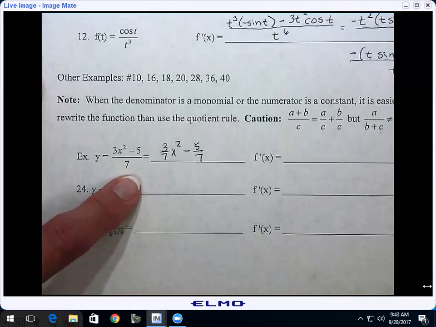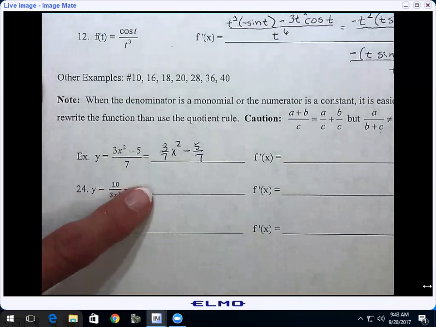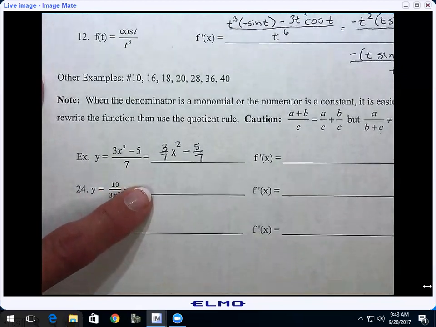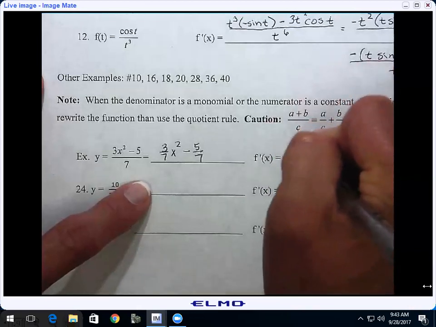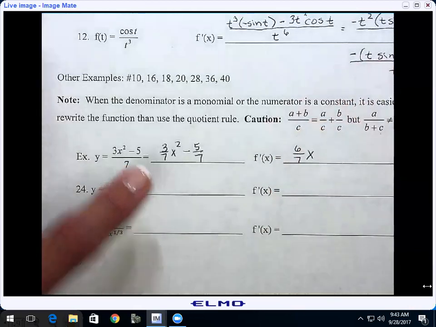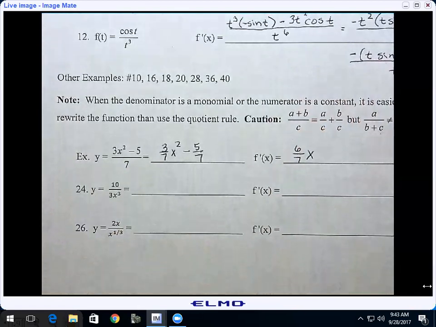And how easy is that to take the derivative of? Super easy. What would it be? 6/7 x. Would we get the same thing by the quotient rule? Probably. Would it be a lot uglier? Watch out for the denominator's a constant. If it is, you don't have to use the quotient rule.